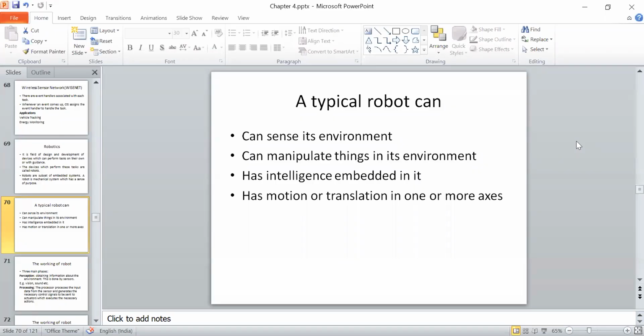For example, a washing machine: you do certain programming in it and it performs that particular task only. It is not able to learn something from the environment and it cannot perform some extra task. Whatever you code, it performs that much only. Once you give certain input to it, it works accordingly, and after giving the input you do not have to intervene in between and operate the machine manually. Nowadays you can even give that information by voice. So these kinds of devices are automatic. A robot could be automatic, and it could also have intelligence.